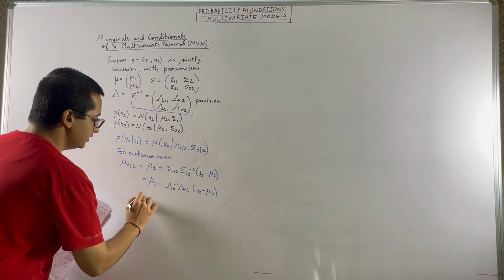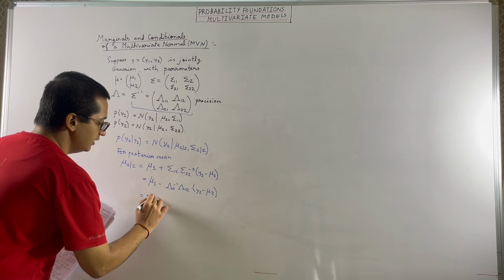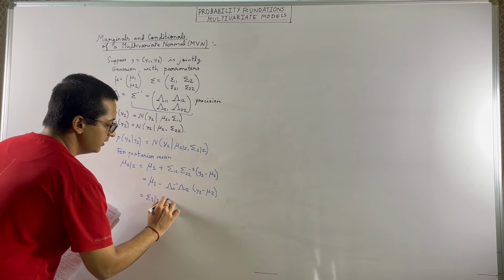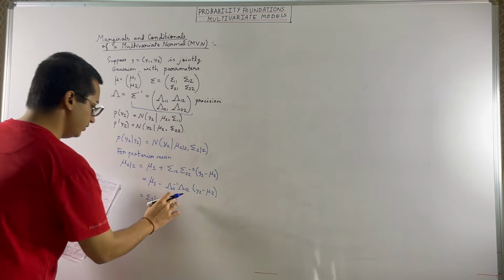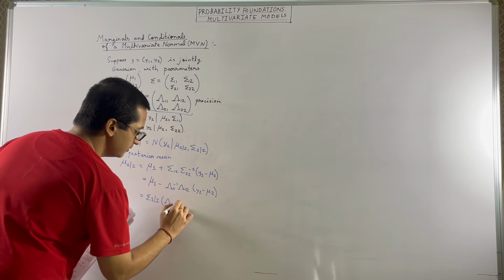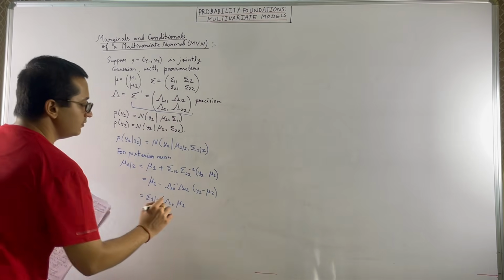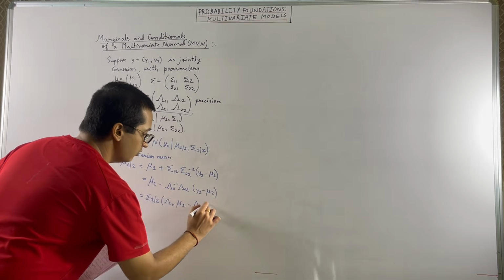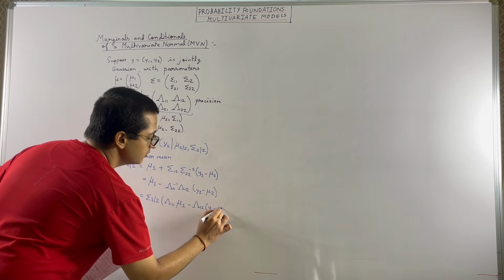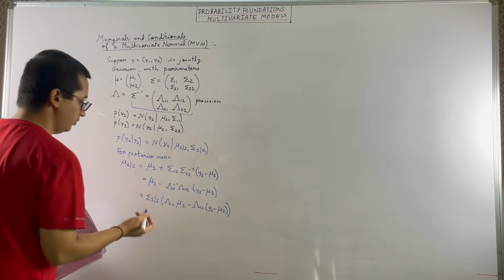And another expression is in terms of sigma 1 2, lambda 1 1 inverse, or lambda 1 1 mu 1 minus lambda 1 2 times y2 minus mu 2. So how did I write it?